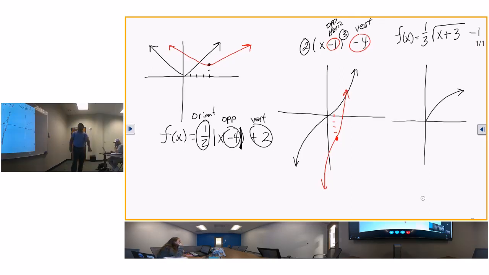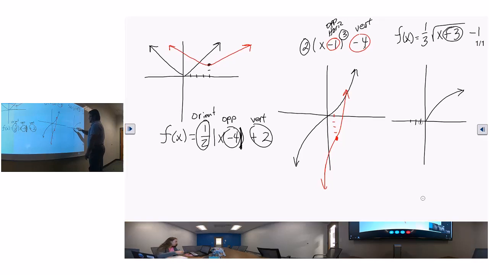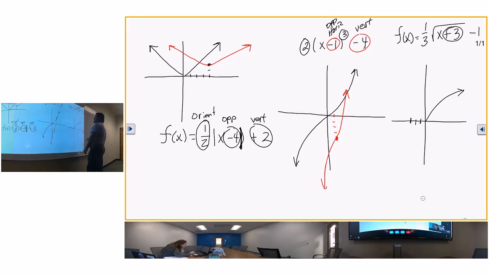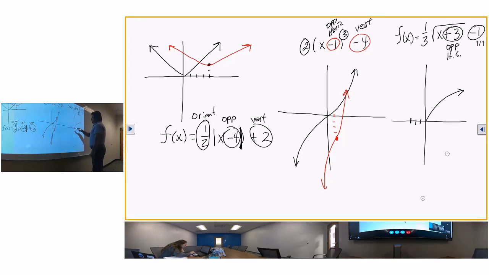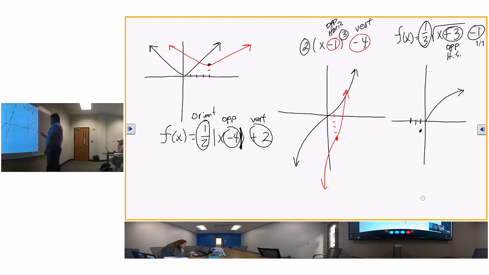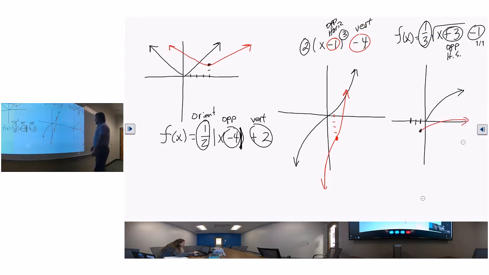So we've got a horizontal shift of 3 to the left, because we go opposite, and a vertical shift of 1 down. What does the 1/3 do? Does it make it squattier or thinner? Squattier, Hubert. Thank you.